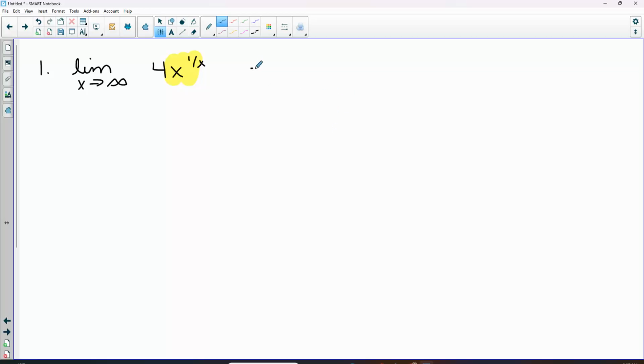So we could just take that 4 out in front of the limit. Okay. So if I'm trying to evaluate this, if I'm plugging in, that's infinity. 1 over infinity goes to 0. Infinity to the 0, that's one of our indeterminate forms.